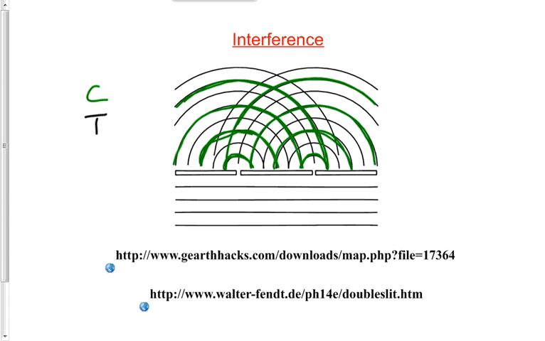Everywhere we see two black lines coming together, we're going to put a little red dot, because that's going to represent areas where we get constructive interference. There's constructive, there's constructive, there's constructive. Okay, here's constructive.